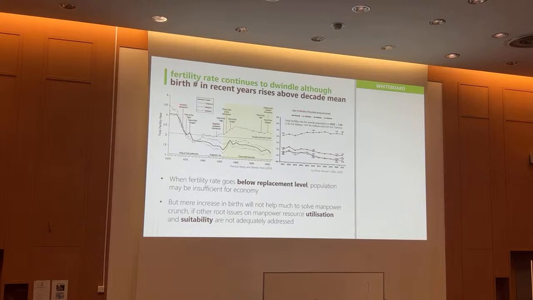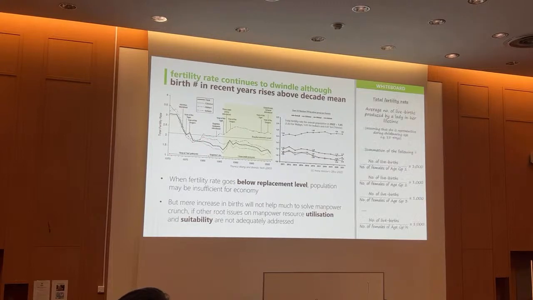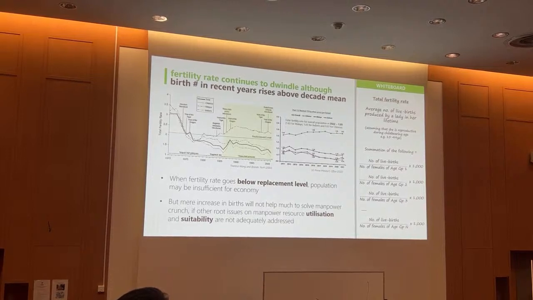This comment is just to tell you that birth rate and fertility rate are 2 different numbers. Birth rate refers to the number of live births per 1,000 people of the population. Fertility rate refers to the number of children produced by a woman in her whole lifetime, assuming that she is reproductive during her childbearing age.